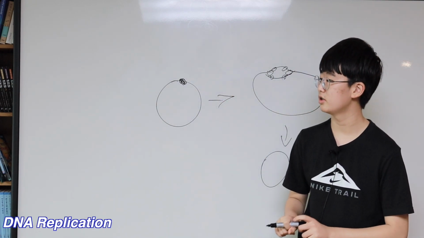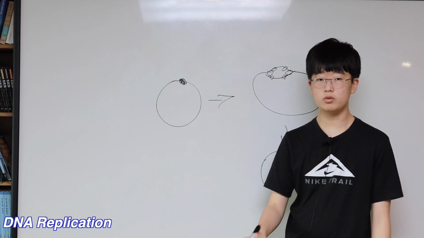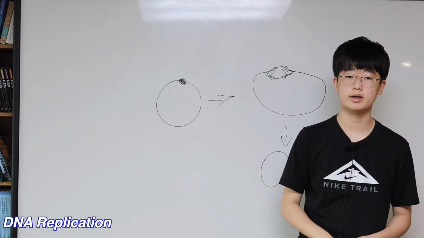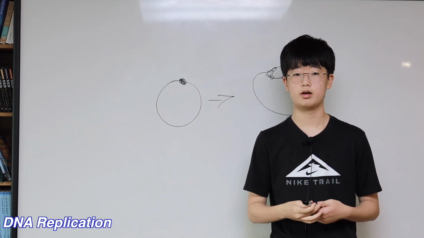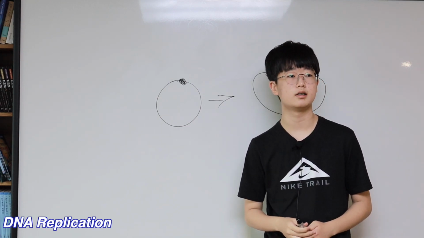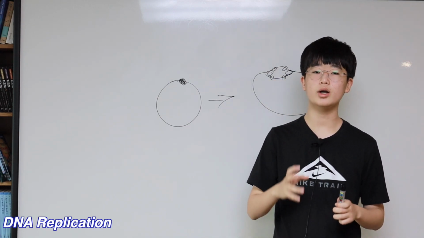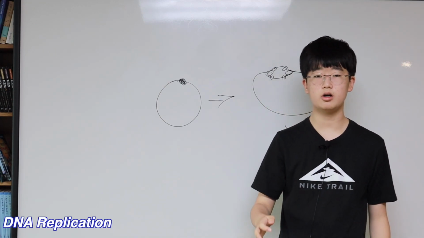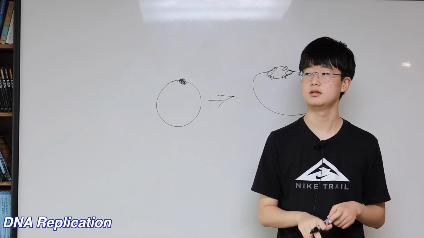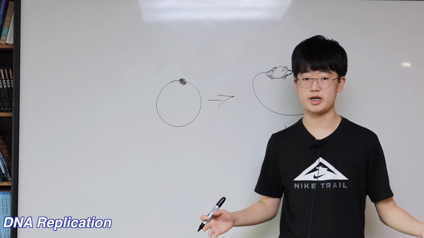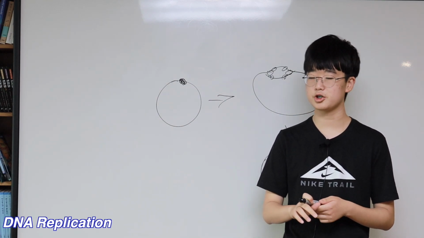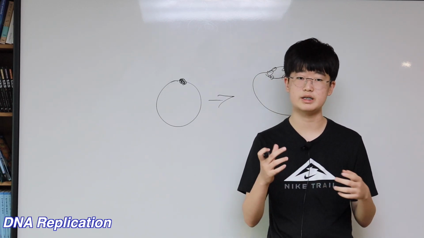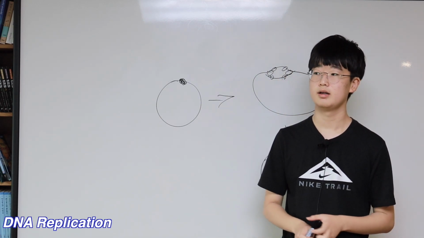E. coli only has one ORI, but humans, for example, are very complicated. We have a lot of genetic information. Even just talking about one chromosome, we still have too much.